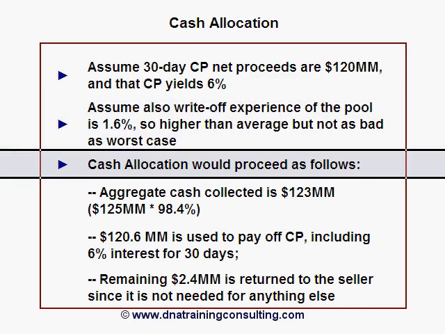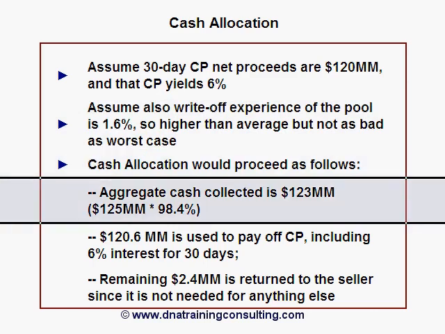We can describe the allocation of the cash collected from the customers quite simply. The pool generates cash of $125 million times 98.4%, which reflects the 1.6% write-off rate, i.e. $123 million net.